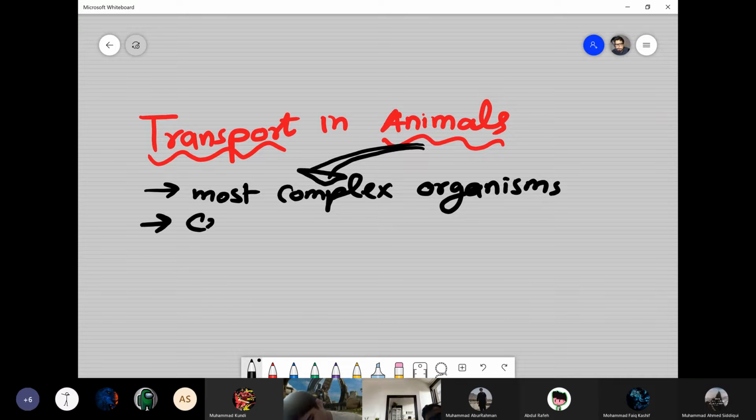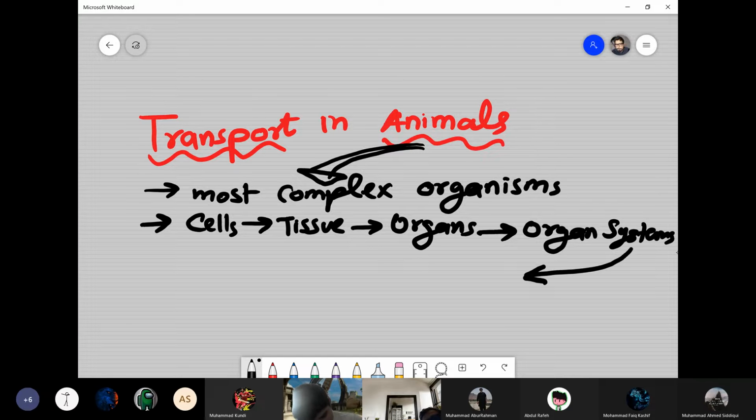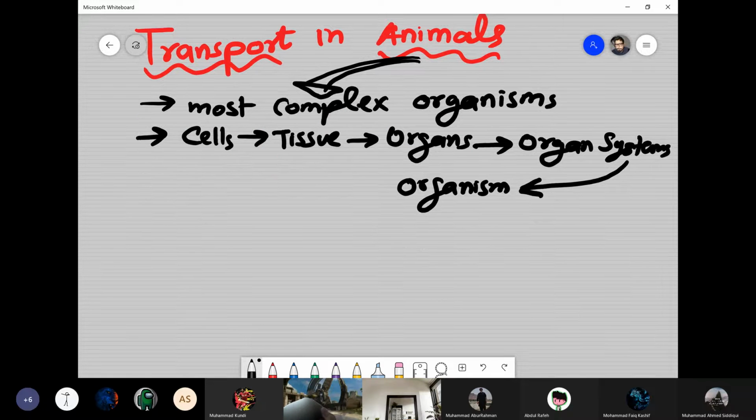Answer is very simple. They have cells which join together to make tissues. Tissues join together to make organs. Organs join together to make organ systems. And organ systems join together to make an organism. Right? So these are the most complex. Now, as they are the most complex, every cell of the body requires nutrients.